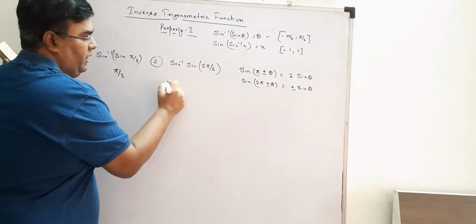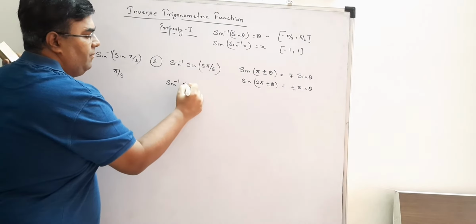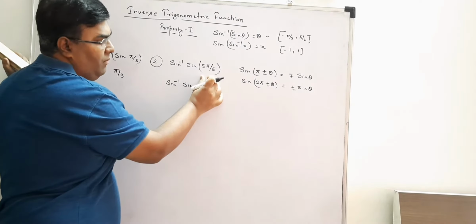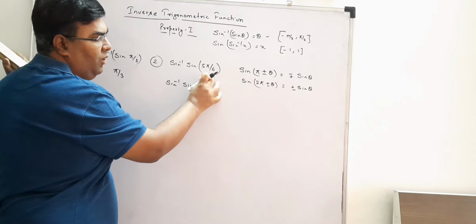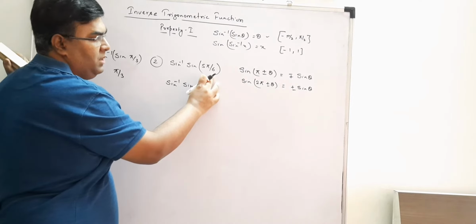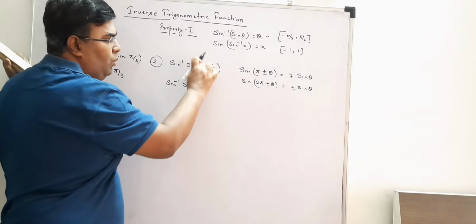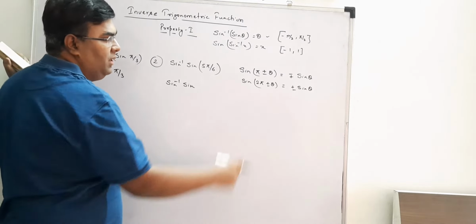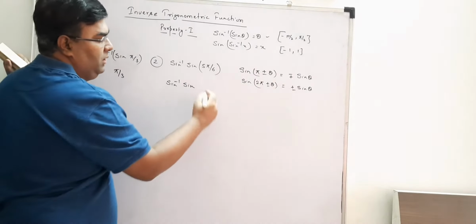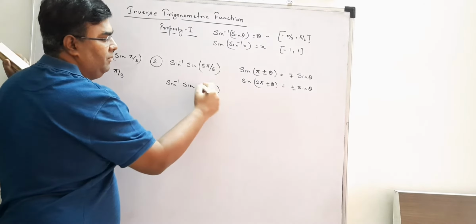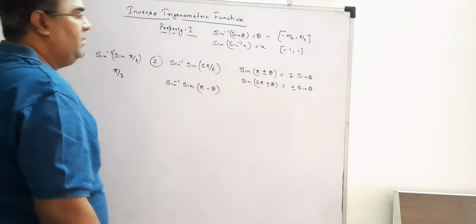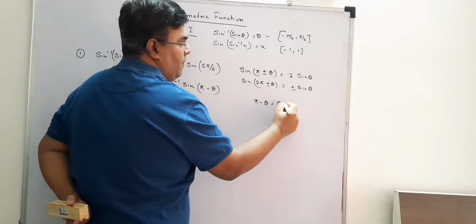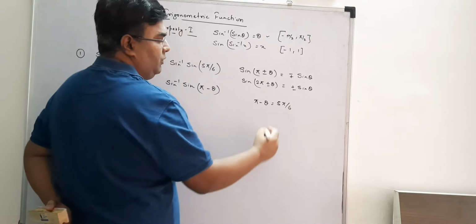So if I keep it like sine inverse sine, now if I use pi plus theta, it will not give me 5 pi by 6. Why? Because this whole angle is less than pi, right? So we need to take pi minus theta. Let's say pi minus theta is 5 pi by 6. So what is my theta?